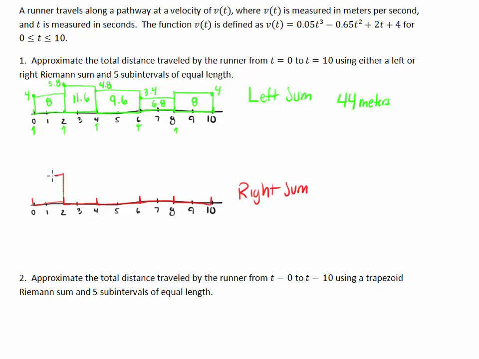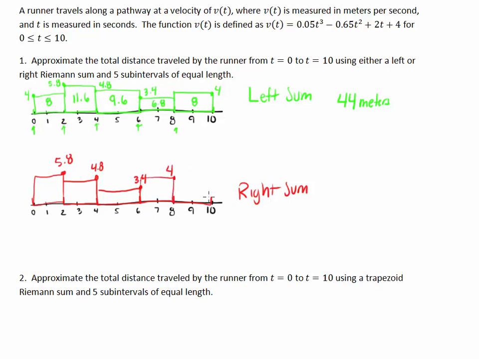So for 2, we know we get a value of 5.8. For 4, we get a value of 4.8. Whoops, that kind of slipped down a little bit. That's okay, doesn't matter. For 6, we get a value of 3.4. It's funny. For 8, we get a value of 4. See if I can actually draw a rectangle. There we go.